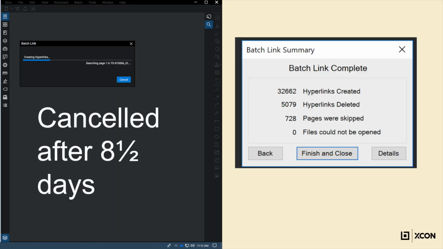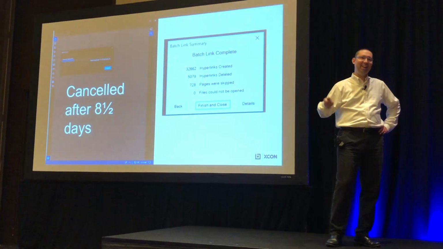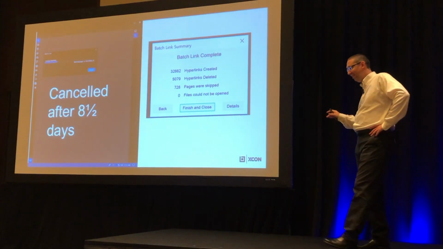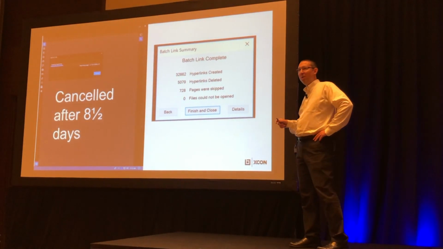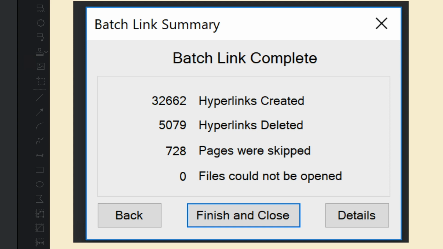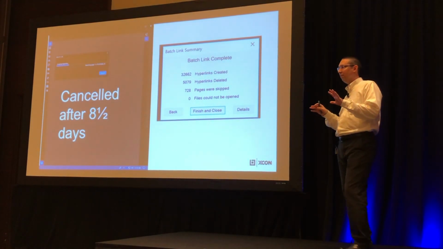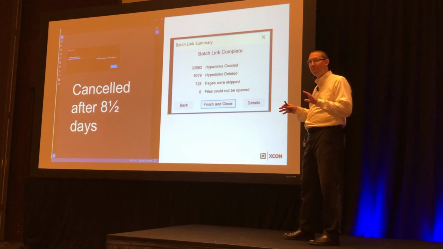After 8.5 days, it was 1/3 of the way done. And I said, oh my goodness, this is definitely going to take too long. I've got to figure out another way to make this work. Now notice, this might be too small for you to see, but it says 32,000 plus hyperlinks were created. So this now defines my success criteria.